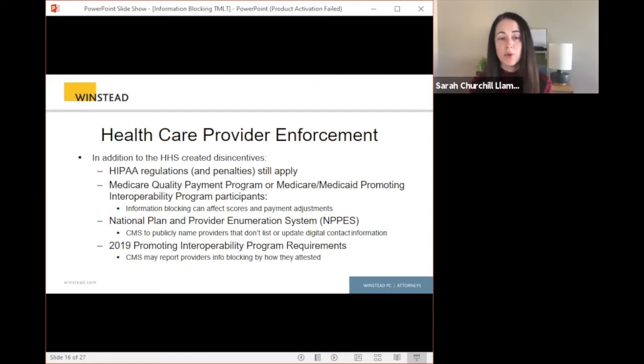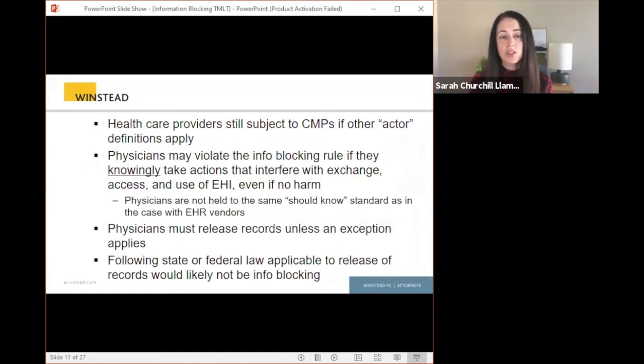And then in the 2019 Promoting Interoperability Program requirement, CMS may report providers for information blocking by how they've attested. So there are definitely some different ways that they're trying to get at this. These are just some general things that I think you need to know for really good context for this rule. Healthcare providers can still be subject to civil monetary penalties if other actor definitions apply. So you could be a healthcare provider, but you could also participate in a health information exchange.